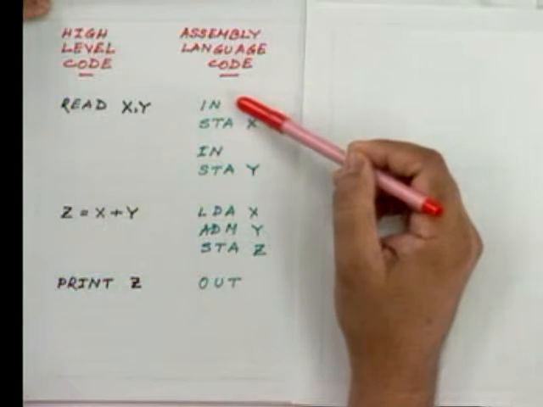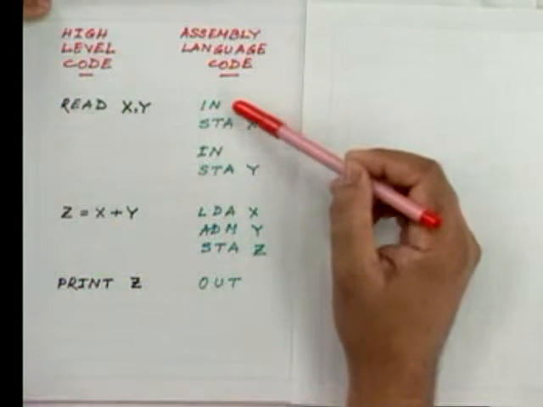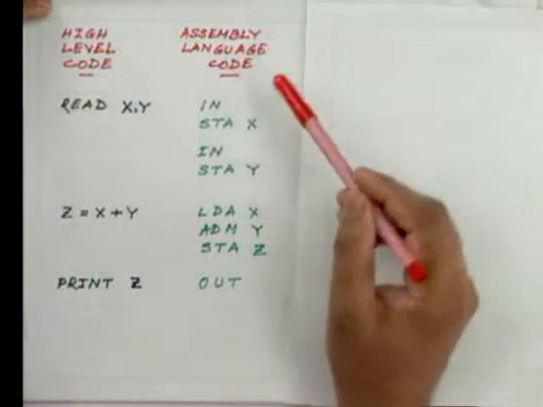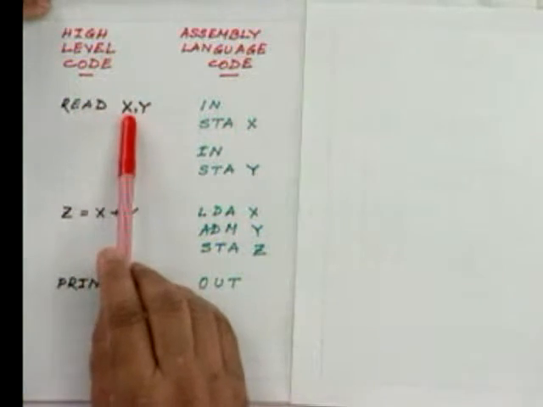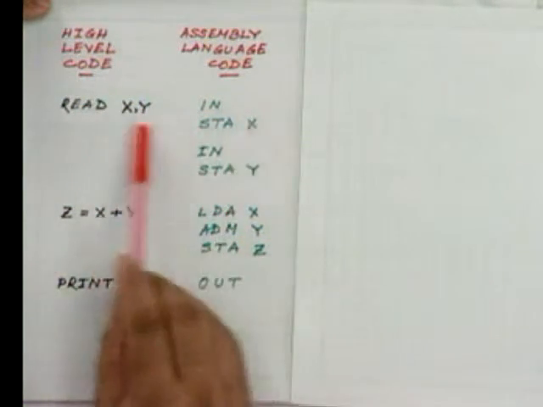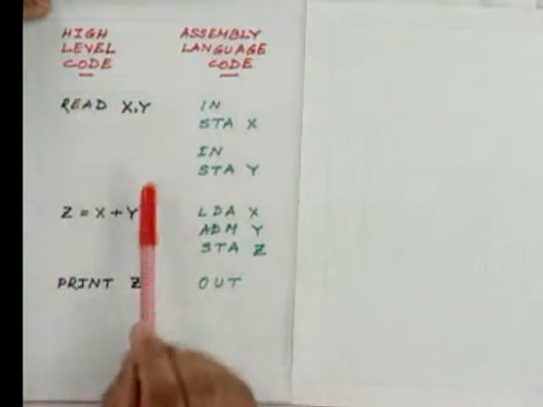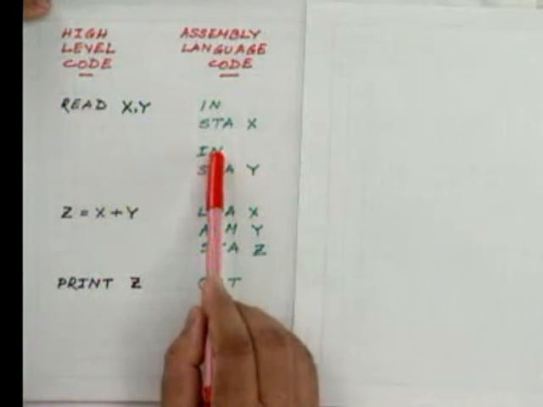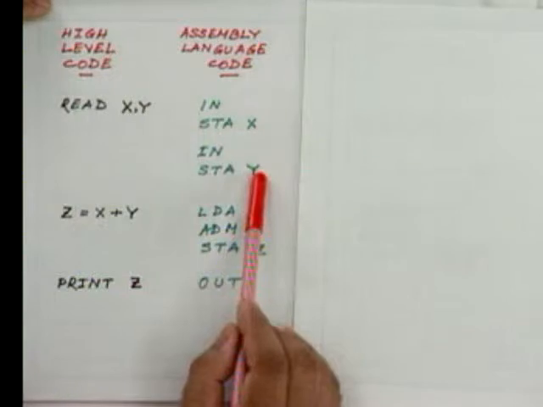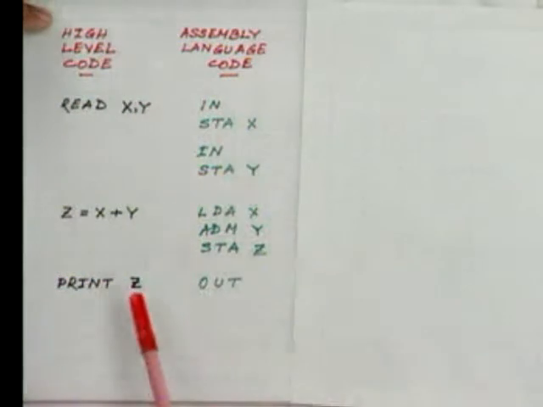We are thinking in terms of an accumulator based machine, and then it has to be stored into the location x, therefore it is stored accumulator x. Similarly, in and store accumulator y for reading y.